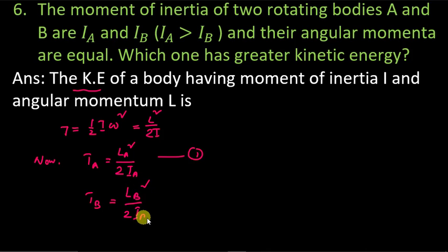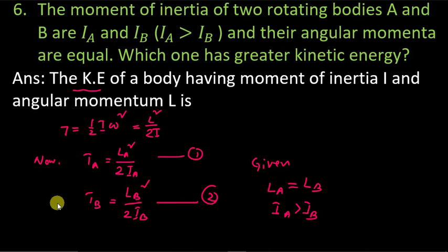So this is equation 2. Now it is given that angular momentum LA is equal to LB, and it is also given that the moment of inertia of body A is greater than the moment of inertia of body B.